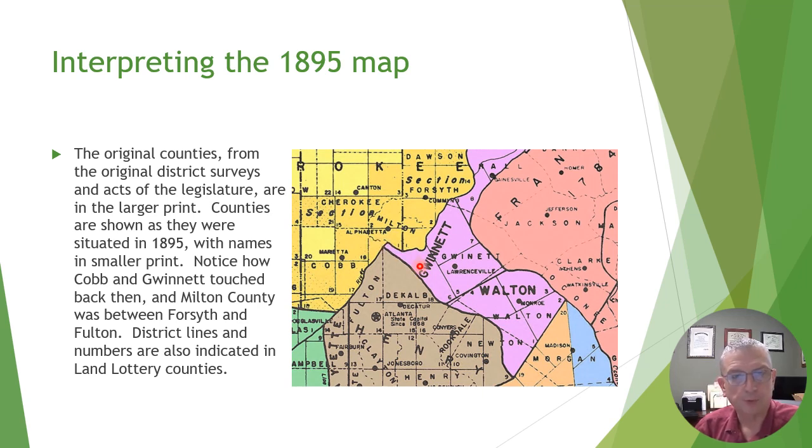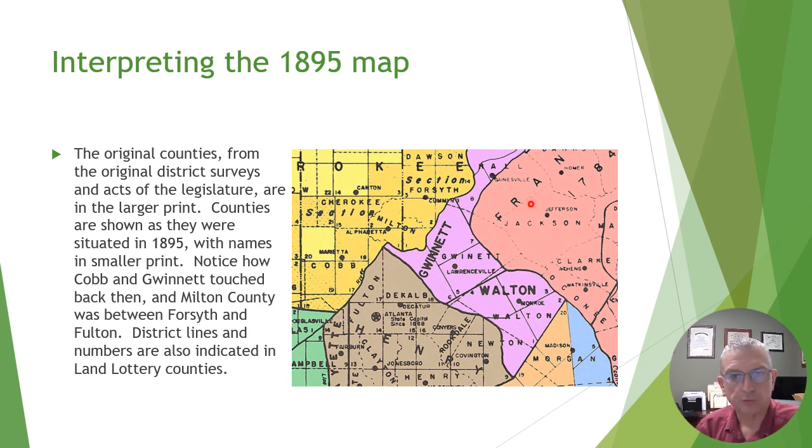Now, in the Great Depression, this little neck right here was given to Fulton County, which was part of original Henry County, so that it could absorb Milton County, which went bankrupt. Milton County is now North Fulton County, Georgia, and one of the wealthiest areas of the state. What a difference 90 years makes.